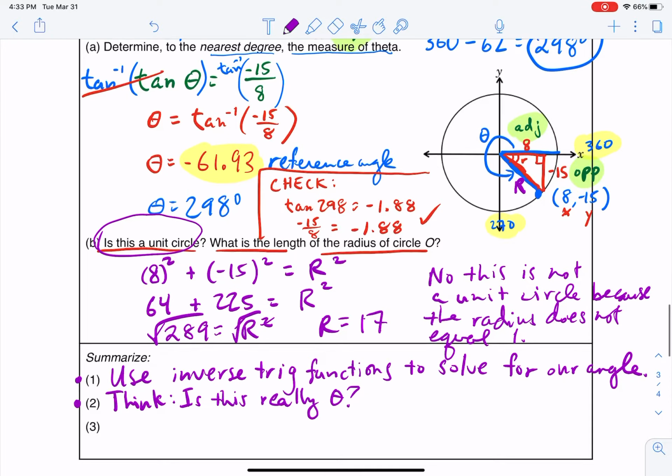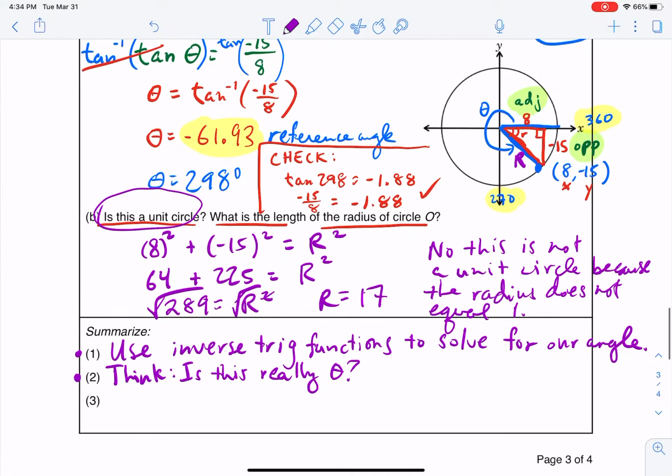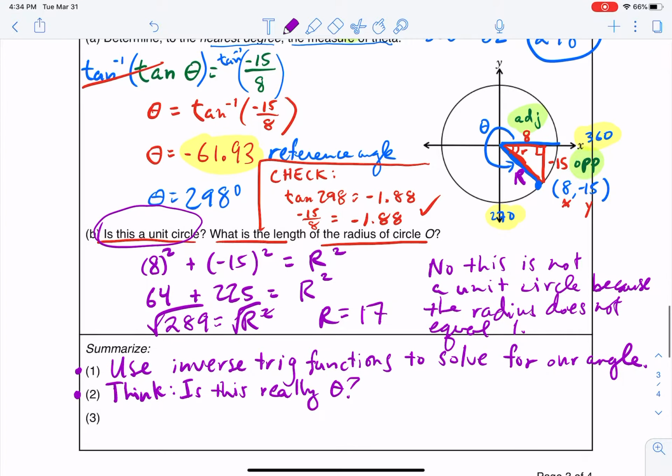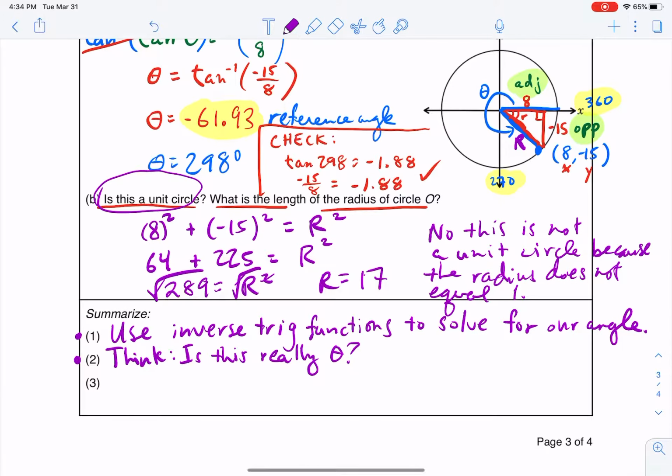So when I got my angle measure of -61, I had to use my unit circle to help me find the final angle. So if it's not, what we need to do is find its reference angle.